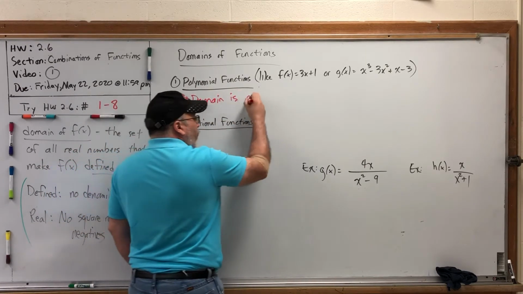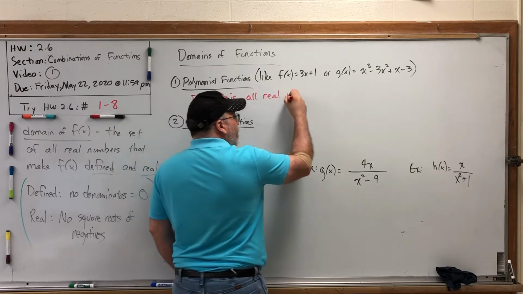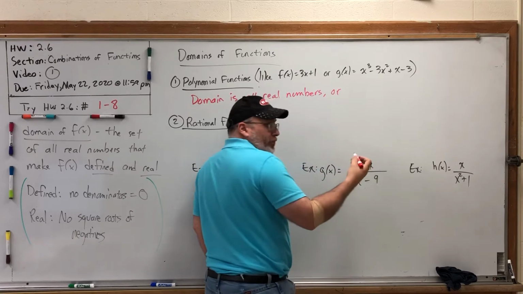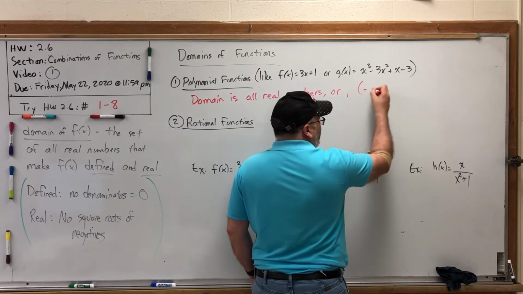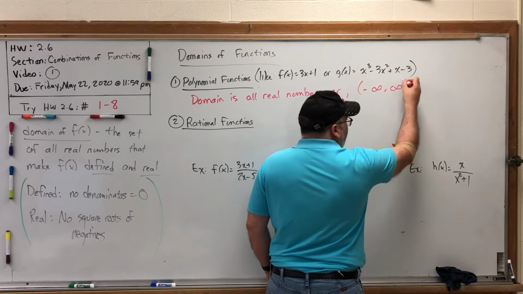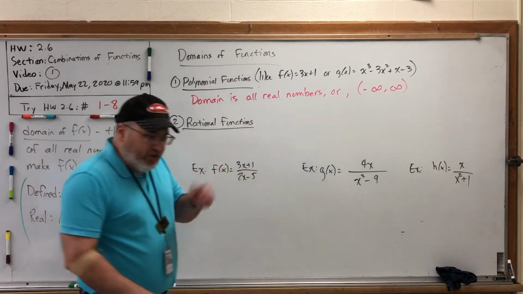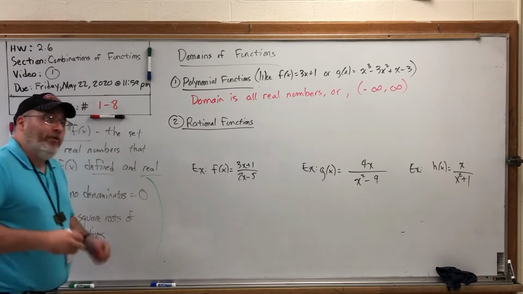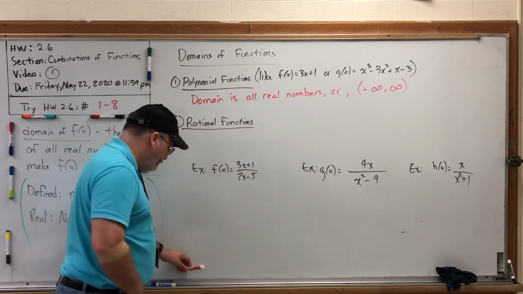The domain is all real numbers. Or, if you want to write it in interval notation, open parentheses, negative infinity, comma infinity, close parentheses. So that's the easy one. No denominators, no square roots, no problems. Every number's in the domain.